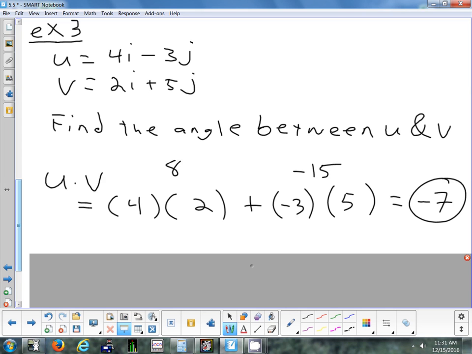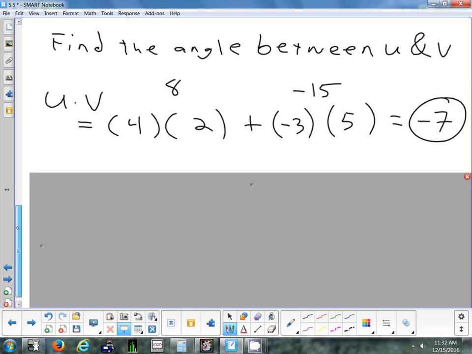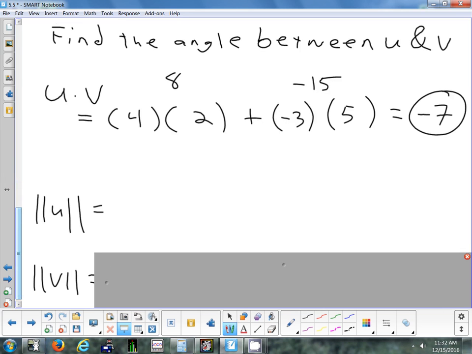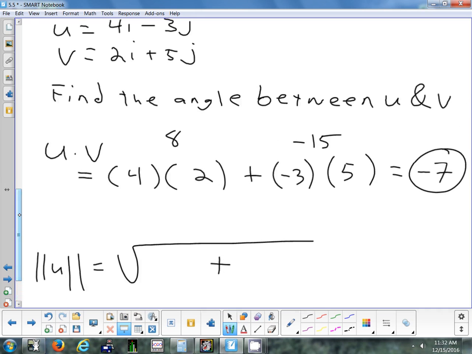All right. Now I need the length of u. I put my square root so I don't forget it. Katrina, can you tell me how I'm going to find the magnitude of u? These 2 numbers, you don't need them again. Those were just for the dot product.